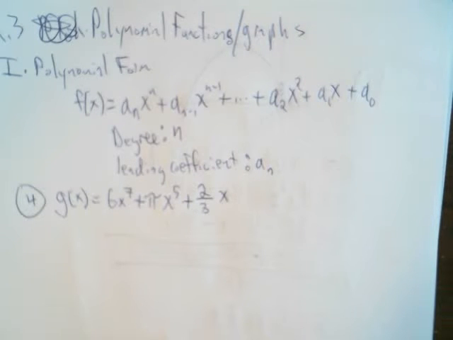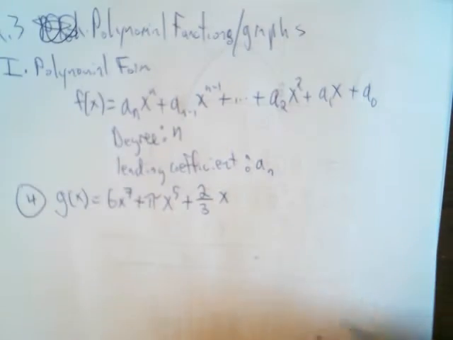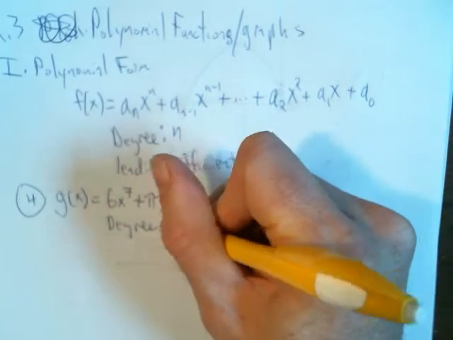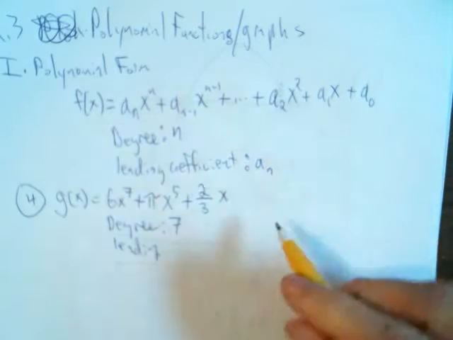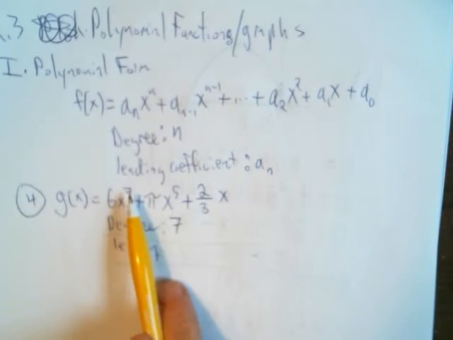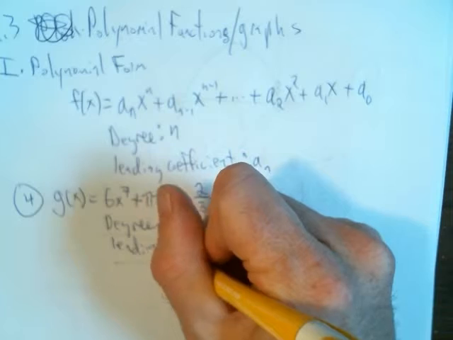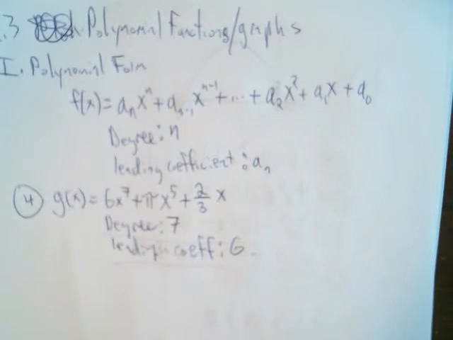And this guy is, it has this particular form. So it's a polynomial. Then maybe they want to know the degree and the leading coefficient. So the degree is, in this case, 7, and the leading coefficient, you make sure you have the highest. So this is 7, 5, and 1. The highest degree is 7, so the degree is 7. And then the leading coefficient is 6.